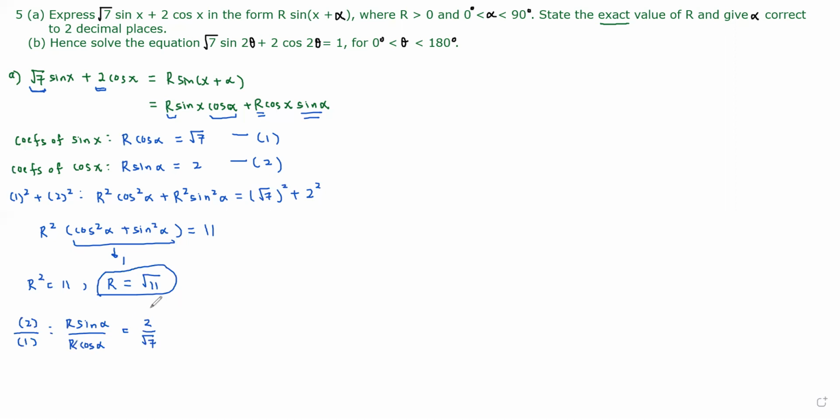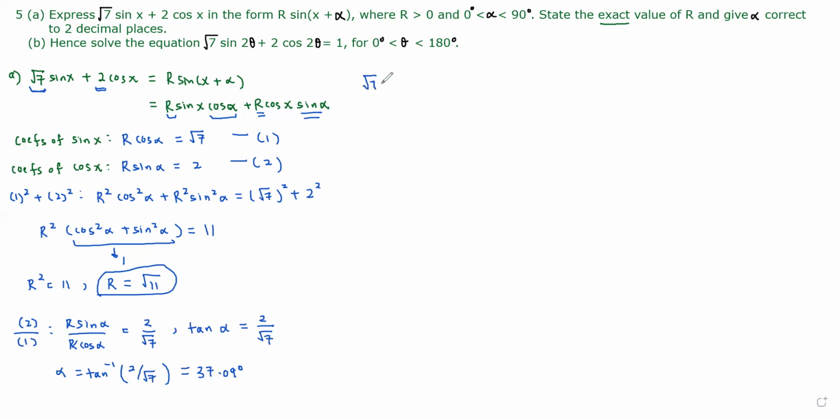We can cancel off R. That will give us tangent alpha equals 2 over square root of 7. Then alpha is given by arctangent of 2 over root 7. Make sure that your calculator is in degree mode. Since alpha is in degrees, that is 37.09 degrees to 2 decimal places.